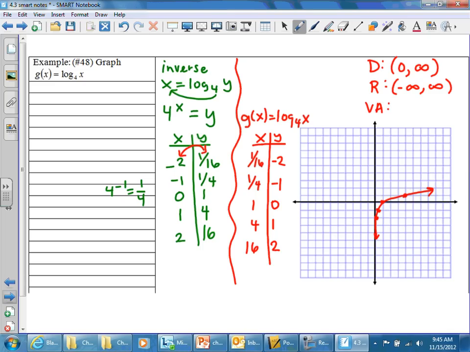Whenever you have logs, you're always going to have a vertical asymptote. And here it's just x equals 0. And the way you can find that is whatever the inside is, you can set it equal to 0. And here you can see, when you go to graph, that yes, this is at x equals 0.